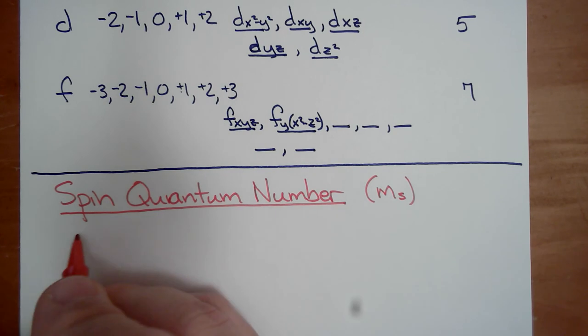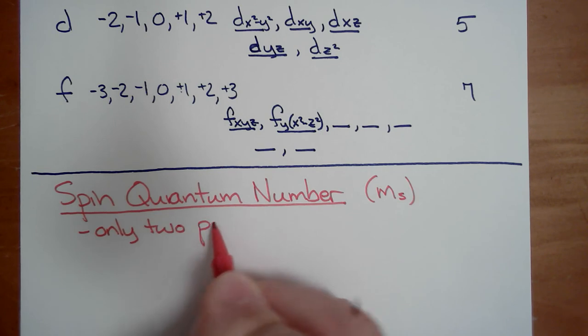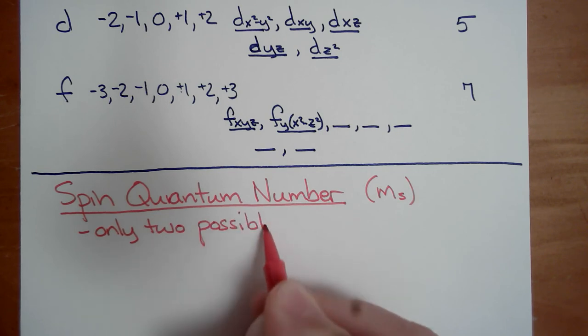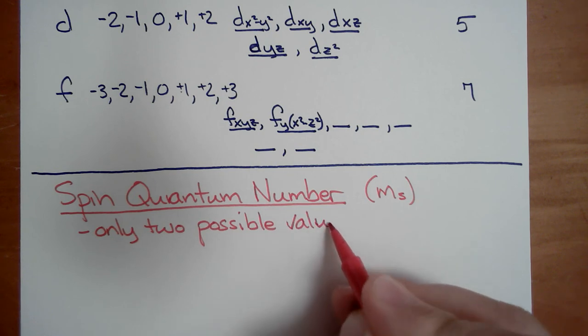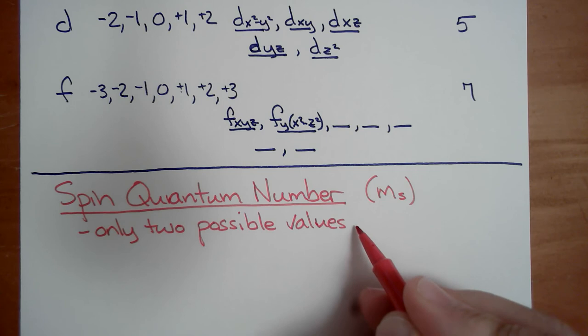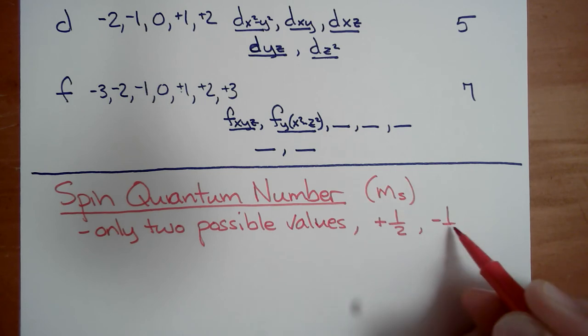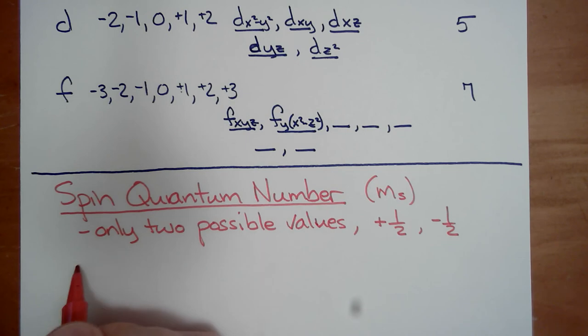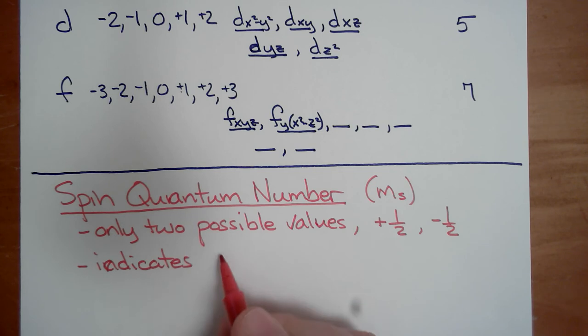There are only two possible values, and those would be a +1/2 and a -1/2. And it indicates the fundamental spin state of an electron.